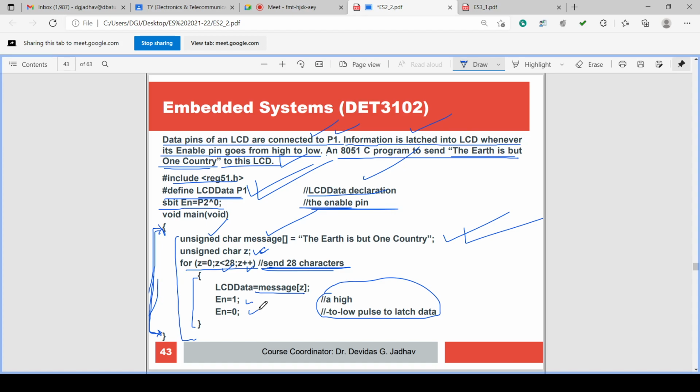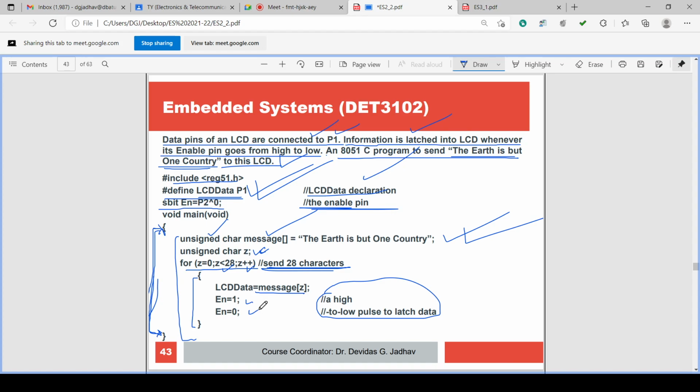So physically the voltage levels of port 1 are now available on LCD module data pins and once this data is available on data pins you can set the enable of the module 1 and enable of the module 0. So this is high to low transition. Now this transition 1 to 0, high to low on EN pin, enable pin which is connected to enable pin of the LCD module.